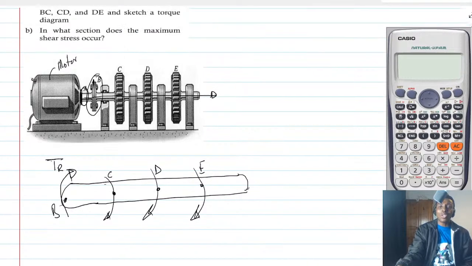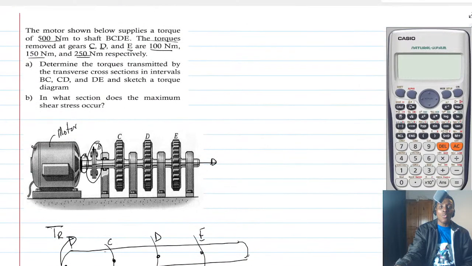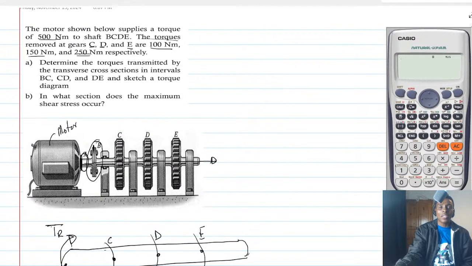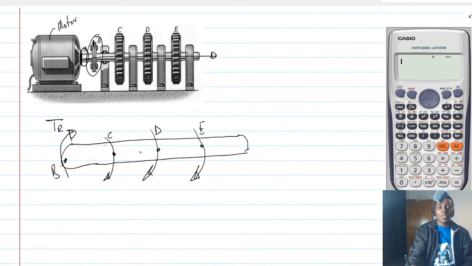Now it says that the torque removed at gears C, D, and E is what? 100, 150, 250. And these are all in what? Newton meter.